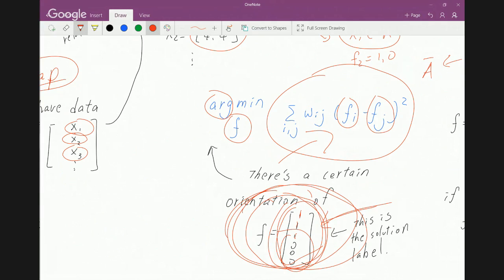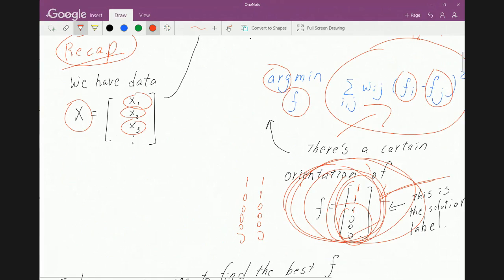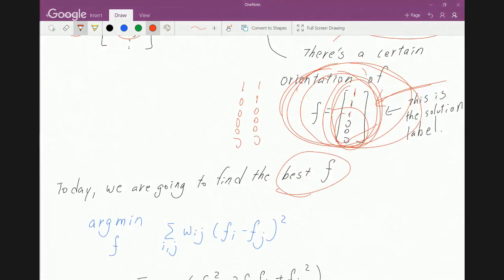But then you have to go through a lot of combinations, like 1, 0, 0, 0, 0, 0, 1, 1, 0, 0, 0, 0. And you don't want to have to go through every combination just so you can find the best one. So today, we're going to try to find the best one mathematically and in a better way.